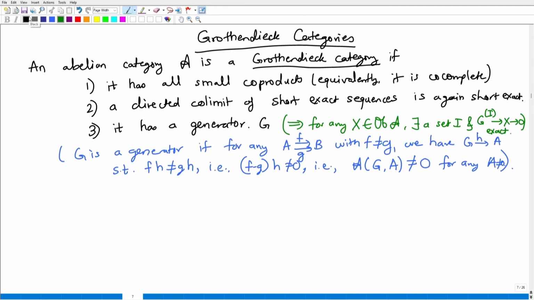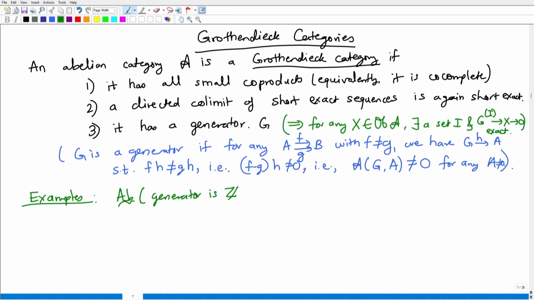So what will be examples? Abelian groups, the category of abelian groups. What is the generator? The generator is Z. And how do we cover any abelian group by an epimorphism?